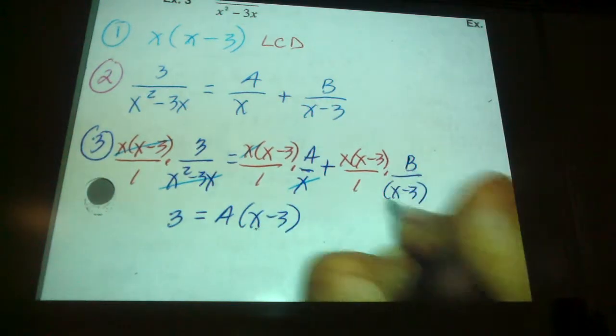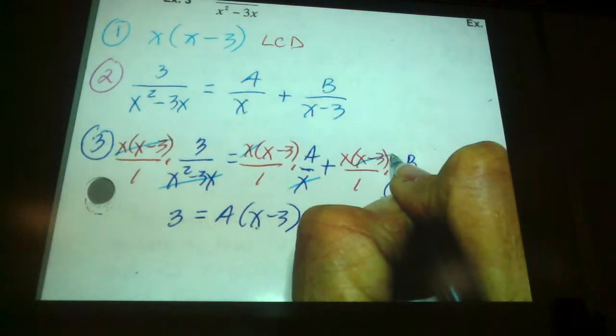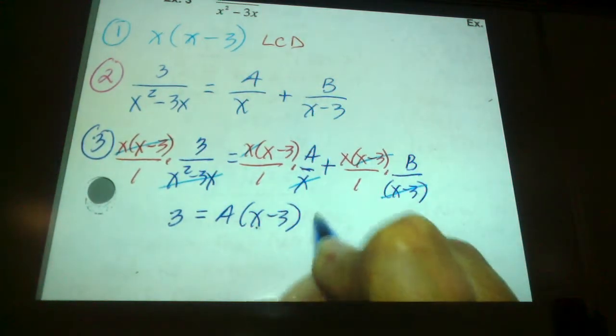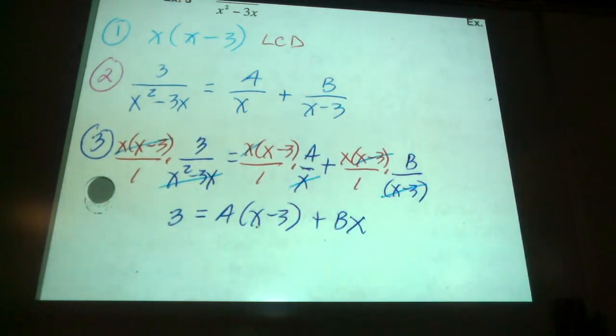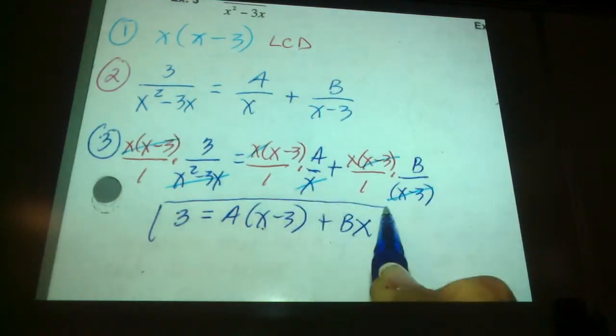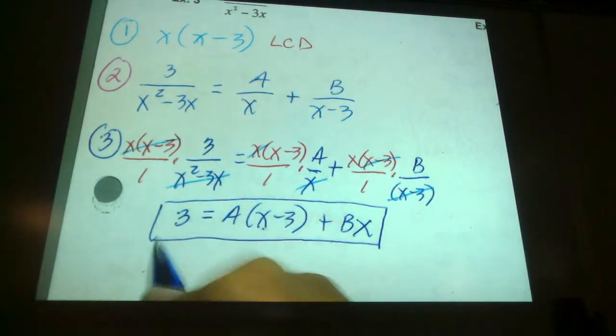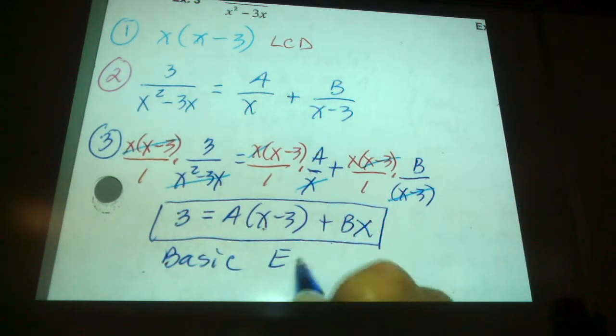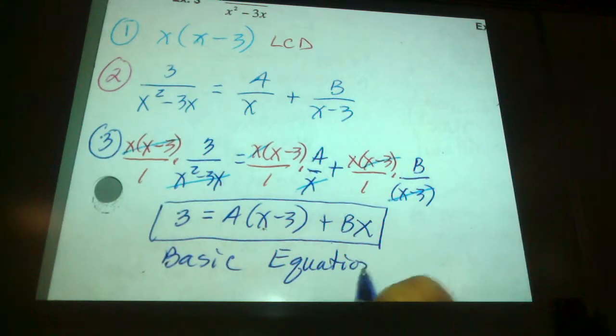Then this x minus 3 cancels with that x minus 3, and I'm left with an x and a B. So again, I prefer to put the B in front. So this is our result, and this is our basic equation. That's what we've been looking for.